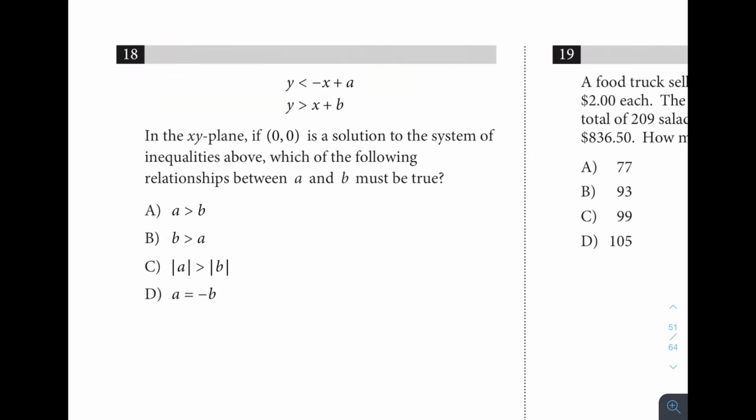This one says, in the xy plane, if 0, 0 is a solution to the system, which of the following must be true about the relationship of A and B? So let's plug those in first.